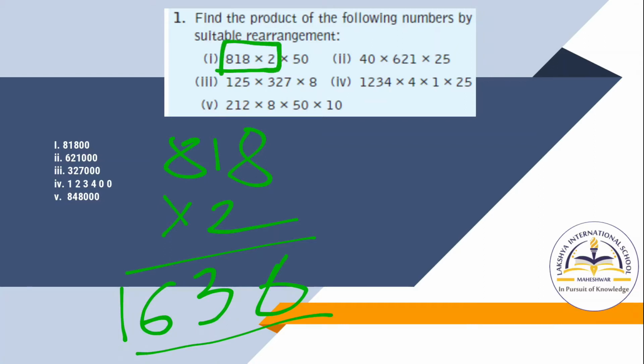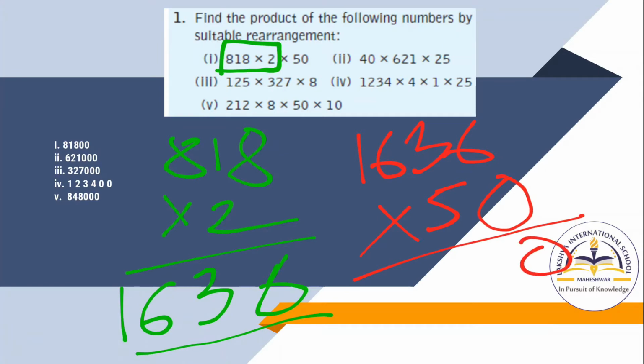Now we will solve 1636 into 50. 5 6s are 30, 0, 3. 5 3s are 15, 15 plus 3 is 18.